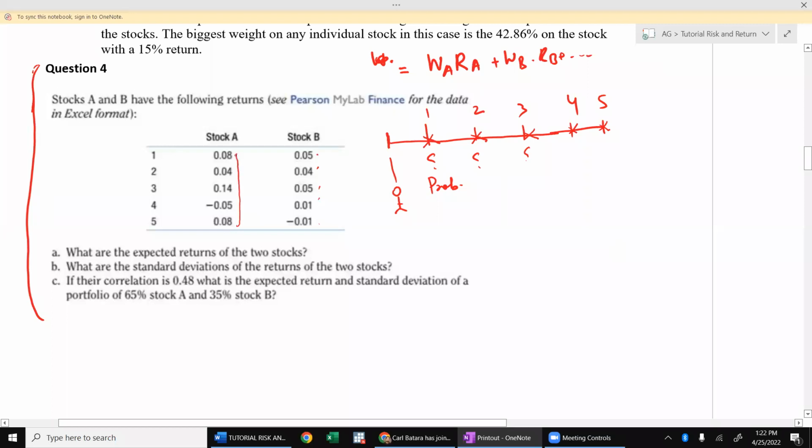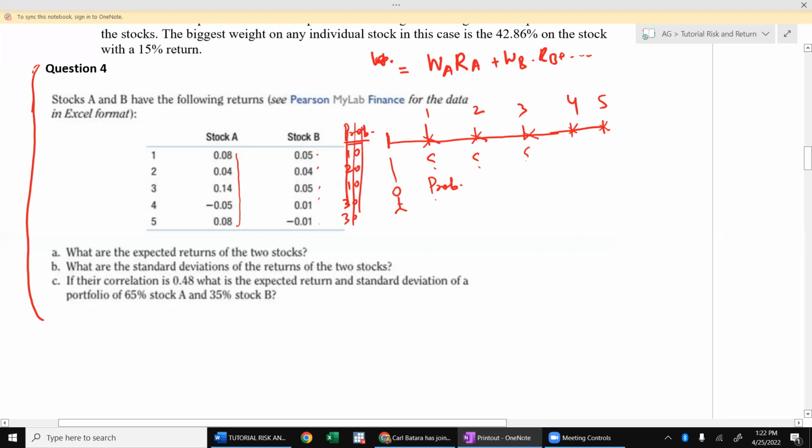If it is probability based data, you will be given some probabilities, let's say 10%, 20%, 10%, 40%, 30%, and 30%. If probabilities are given, then you calculate the expected return and then risk. Since this is not given, it is historical data.